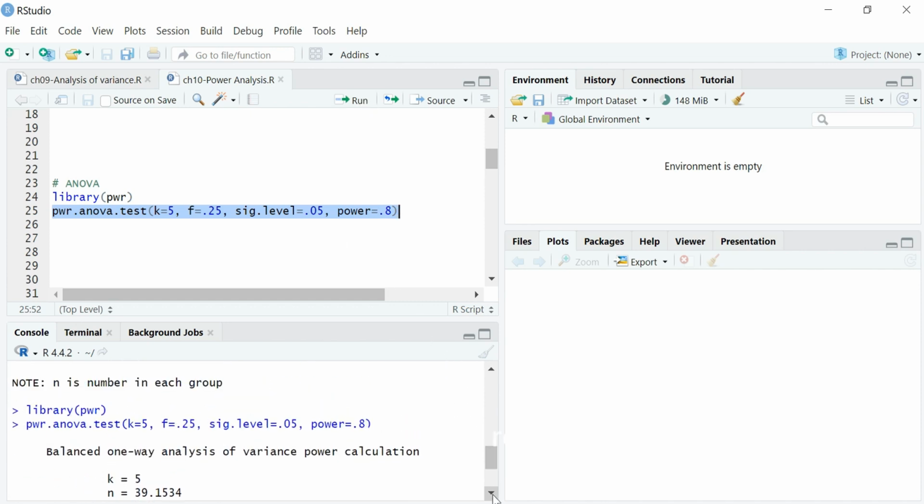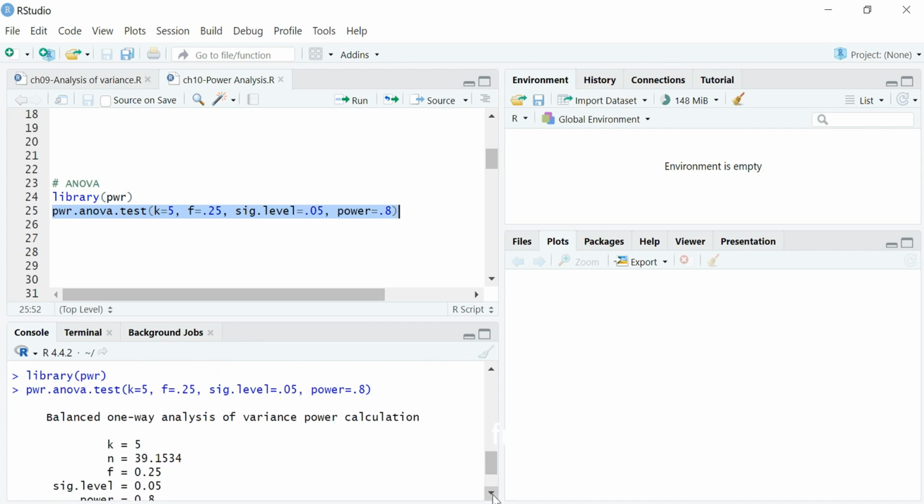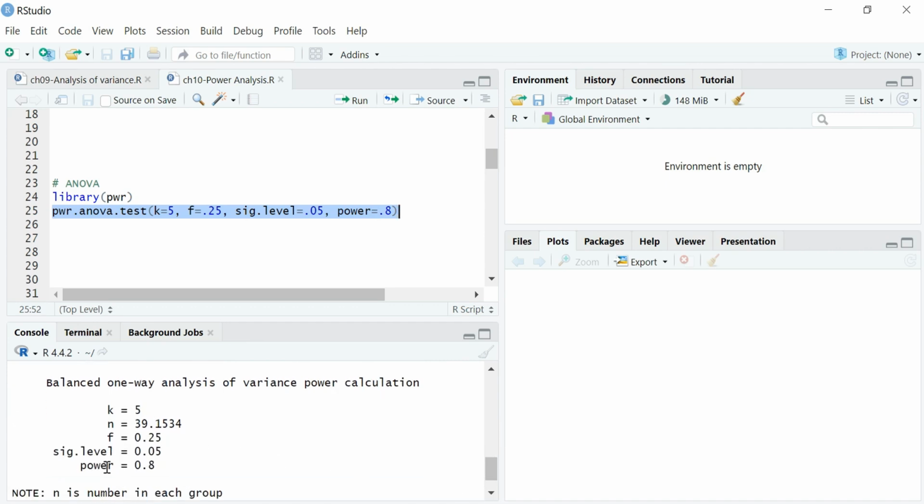This is the result of running this function. And here we can find n is 39, which means we need at least 39 observations in each group. So there are about 200 samples in total for 5 groups.